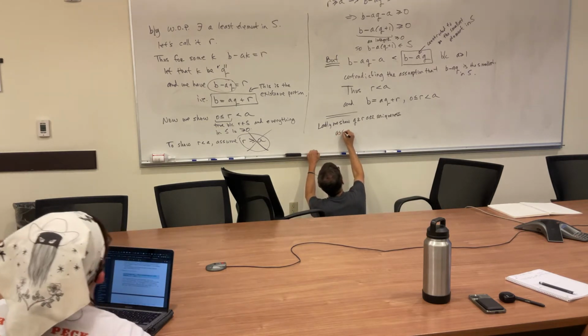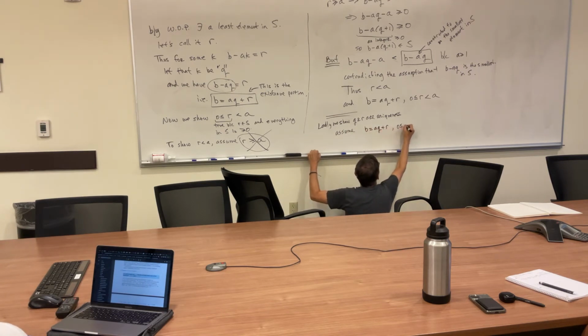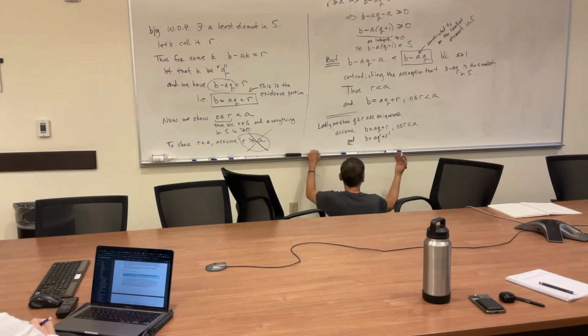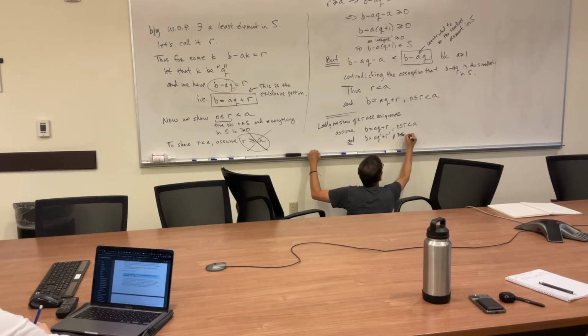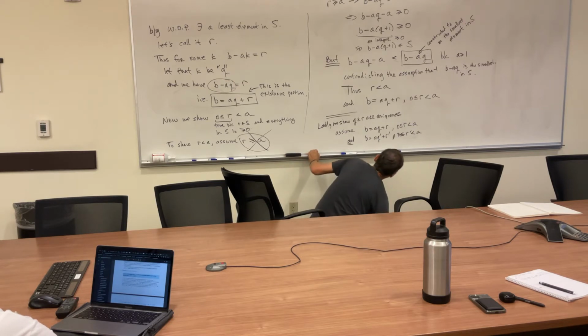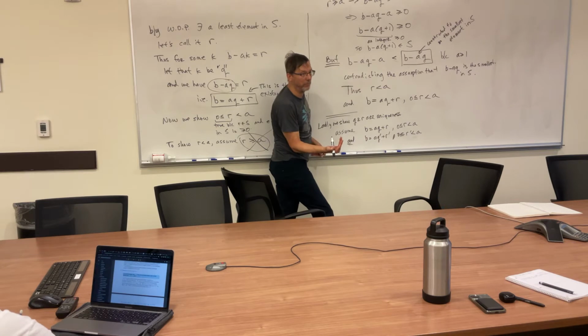So assume that B is equal to AQ plus R, and that B is equal to AQ prime plus R prime, where that R prime is less than A and non-negative. And we're going to show that Q and Q prime and R and R prime have to be the same thing.